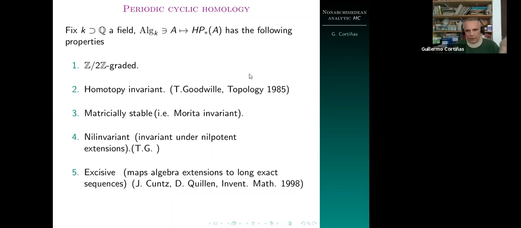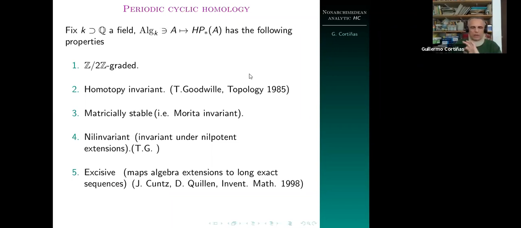There are other theories that have these properties, and if you are in a C-star algebra situation, say, or Banach algebra situation, then your Banach algebra K-theory is also similar, Z/2-graded. So there you have other examples.